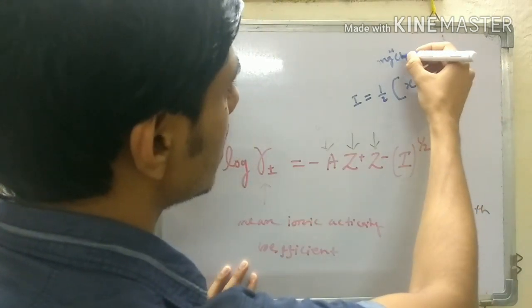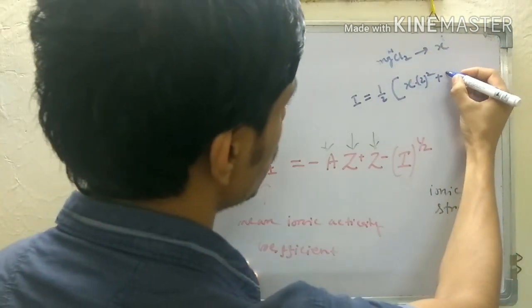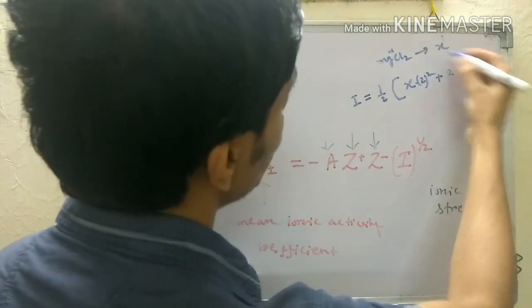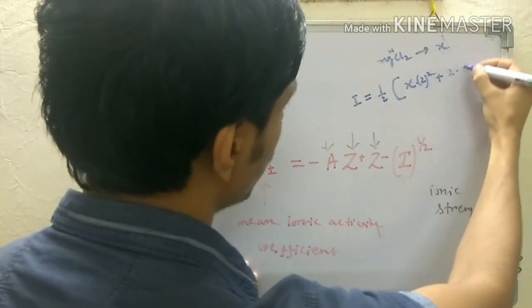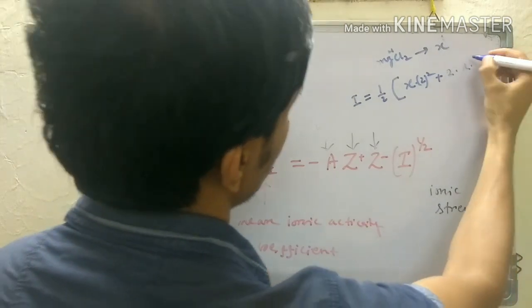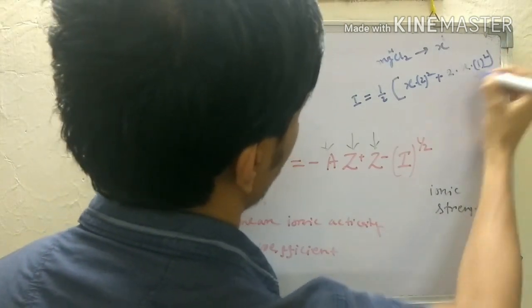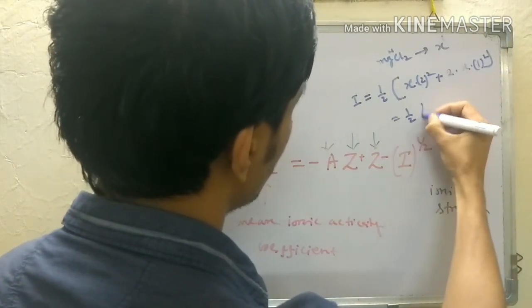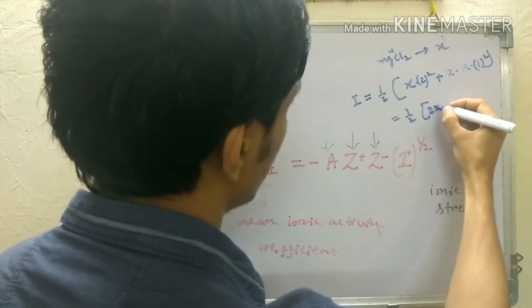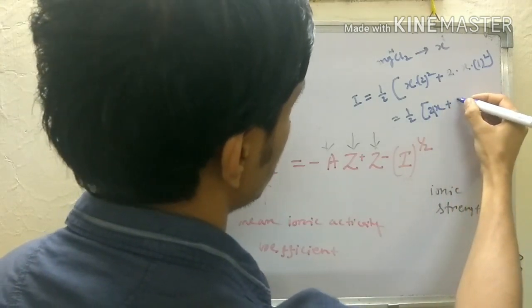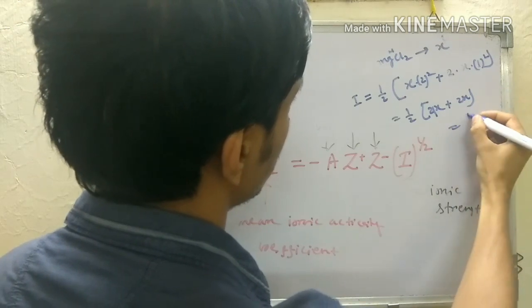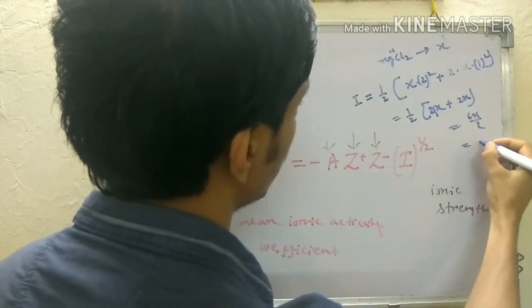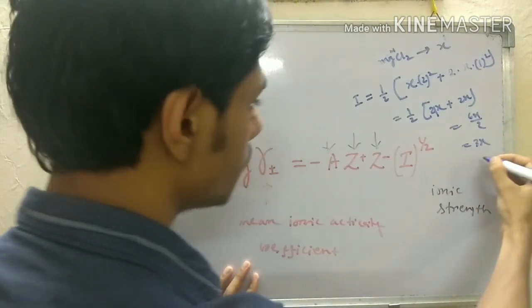But you can see there are 2 Cl minus, so we have 2 into, for every Cl minus the molality is X and the charge is 1, so 1 square. So we will have half into 4X plus 2X, that means 6X by 2, equal to 3X.